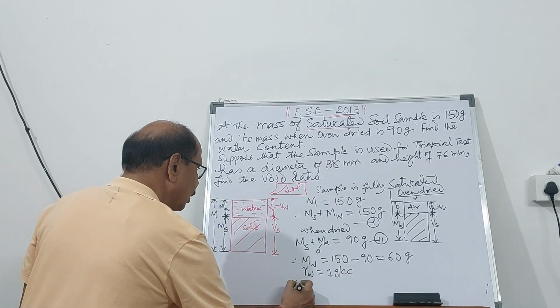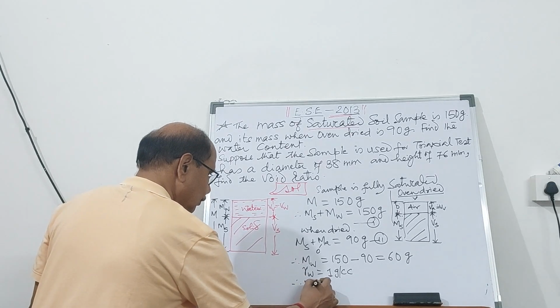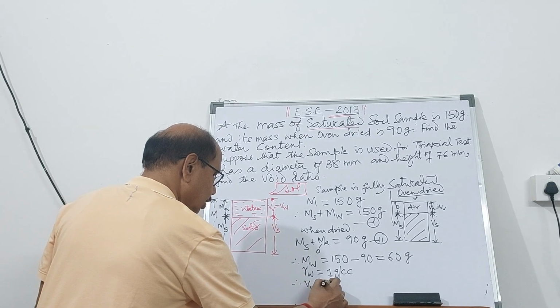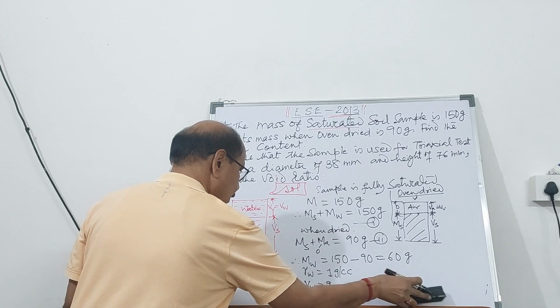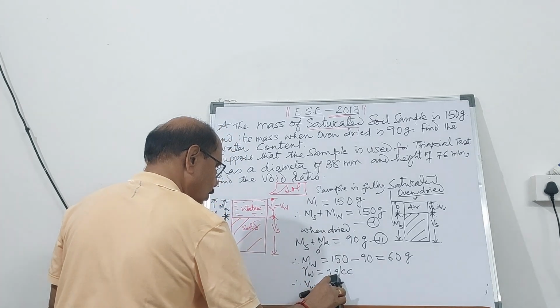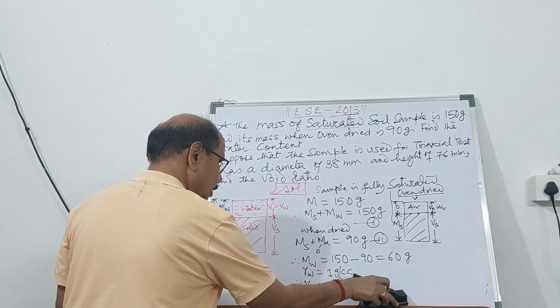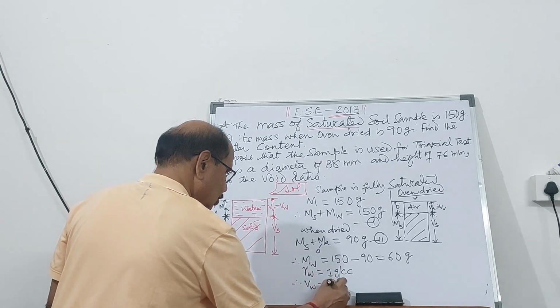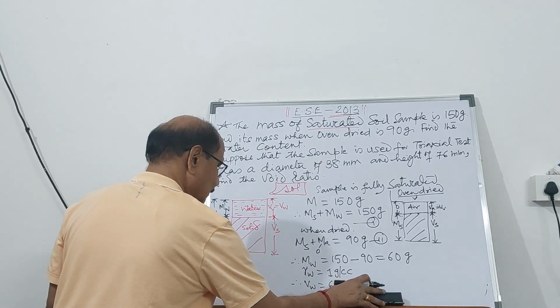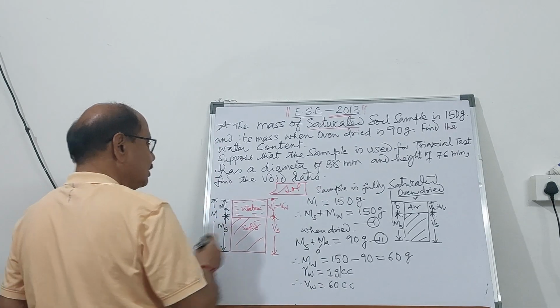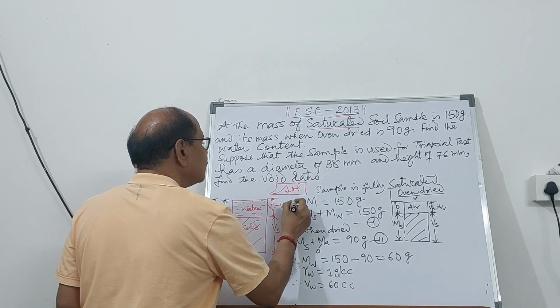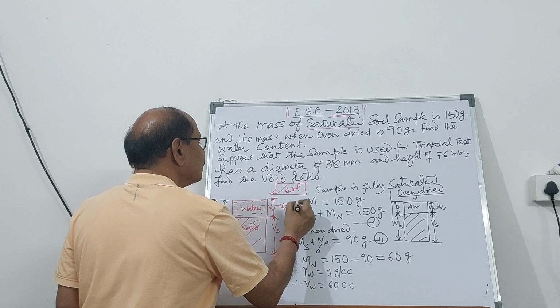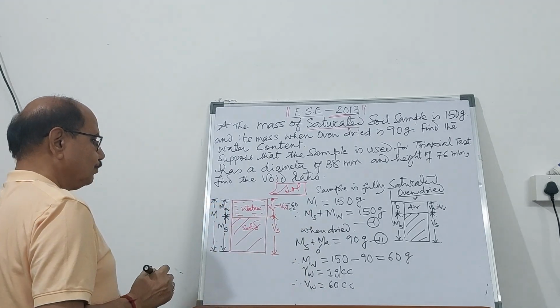Therefore, the volume of water is also going to be known now. The volume of water, therefore, will be 60 multiplied by 1, that is 60 cc. So, volume of water is known to us as 60 cc, right?